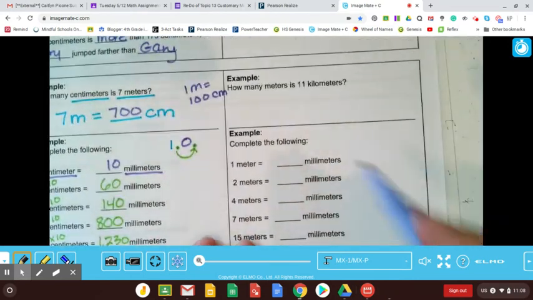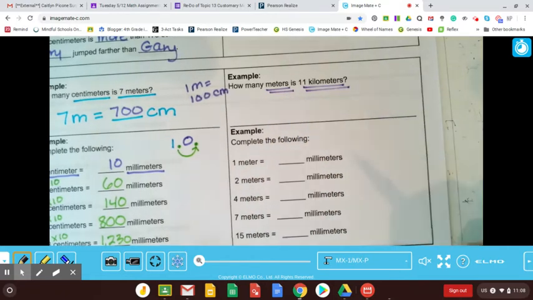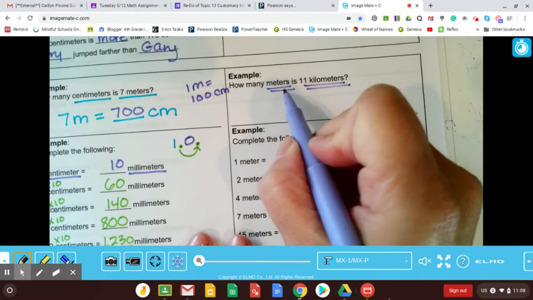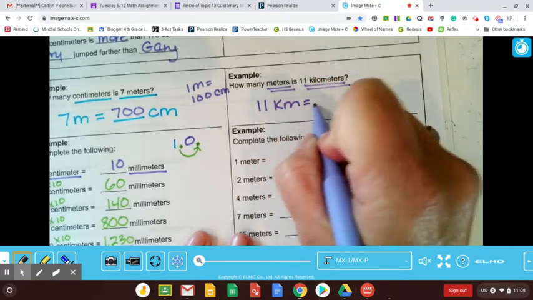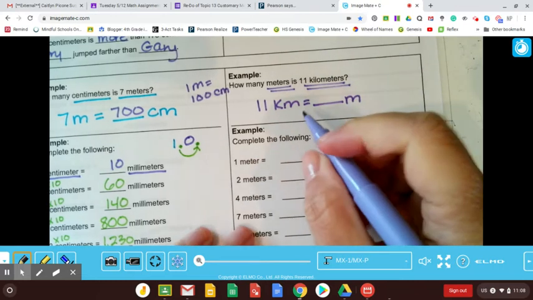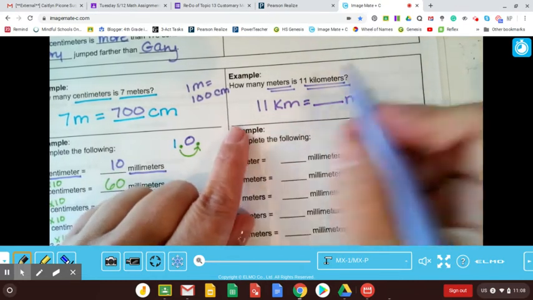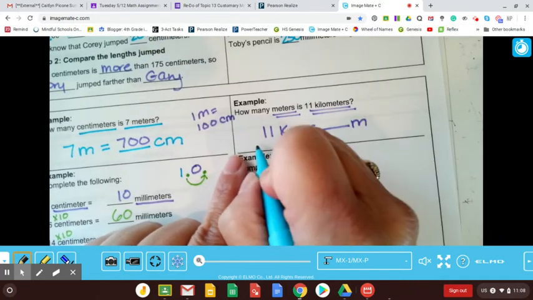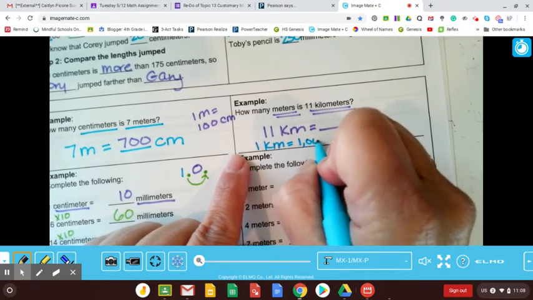Okay, let's try this example. How many meters is 11 kilometers? We can kind of reword it: 11 kilometers equals blank meters. I'm going from a big to a small, so I want to multiply. I know that in 1 kilometer, there are 1,000 meters.